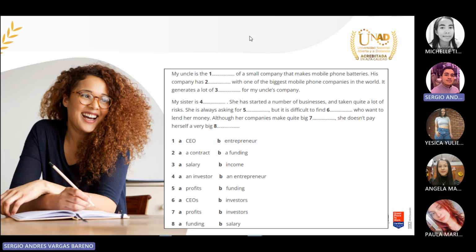Of a small company that makes mobile phone batteries. His company has, and we have two different options. Letter A, a contract. Letter B, a founding, with one of the biggest mobile phone companies in the world.